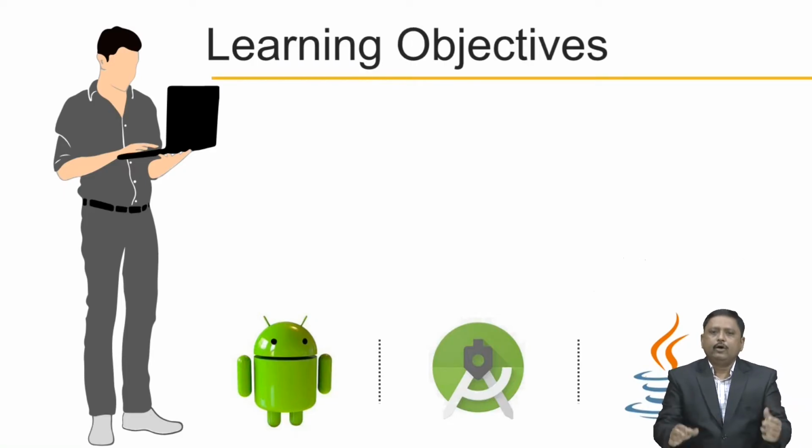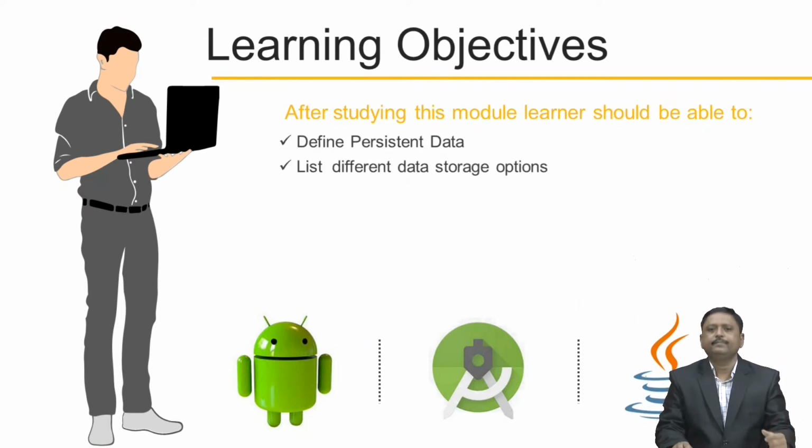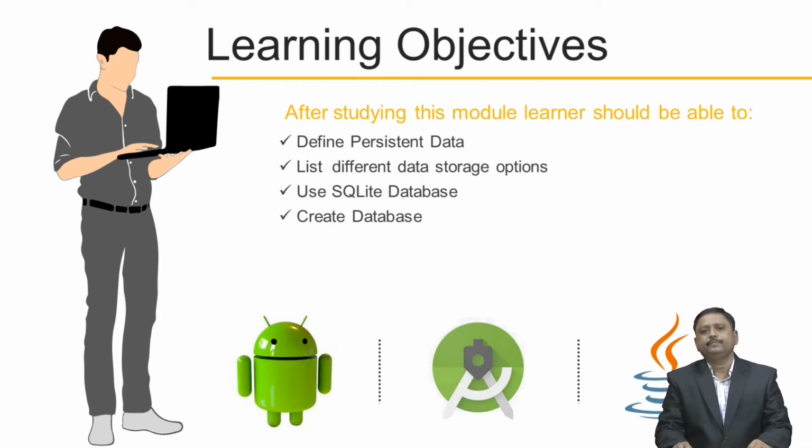So, the learning objective of this module is, after studying this module, learner should be able to define what is persistent data is. He or she can list different data storage options available in Android. They can make use of SQLite database.